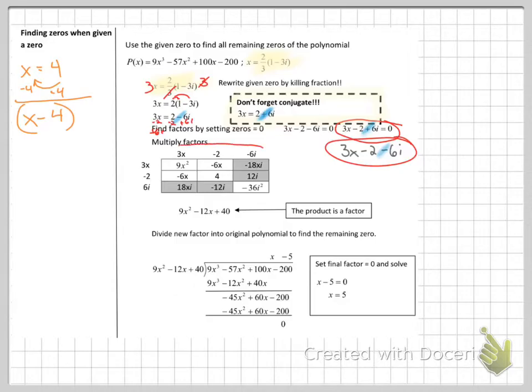Then they took those 2 factors, here they are circled in red, it doesn't matter which one goes where, and they multiplied them together. Notice these 2 boxes are opposites, and these 2 boxes are opposites. So when I add those together, they go away. And then when I deal with negative 36i squared, this is really negative 36 times i squared is negative 1, which is really 36, plus this box that's 4 is where that 40 comes from.